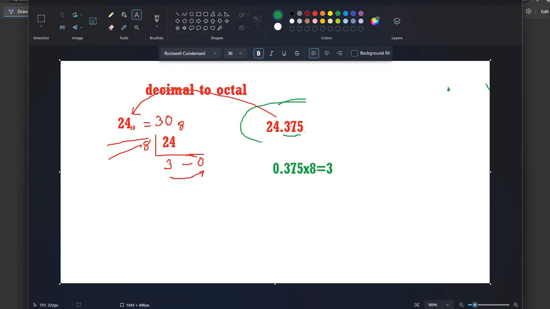So what will be the total value? 24 is 30, right? 30.3.